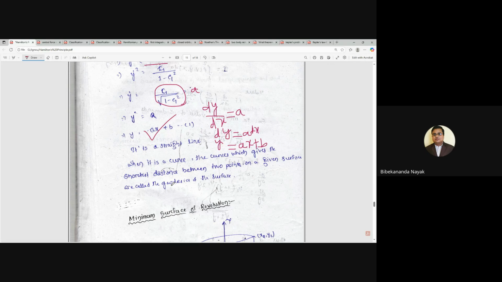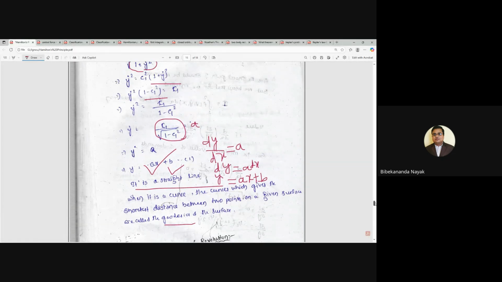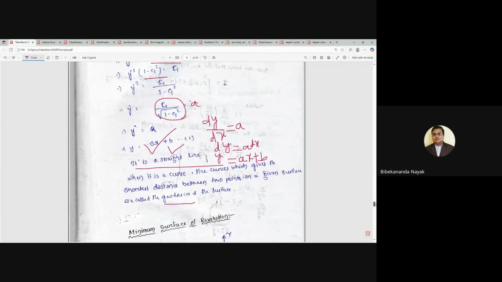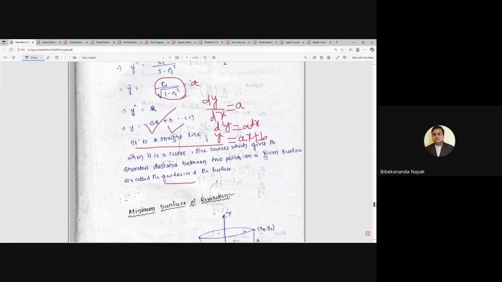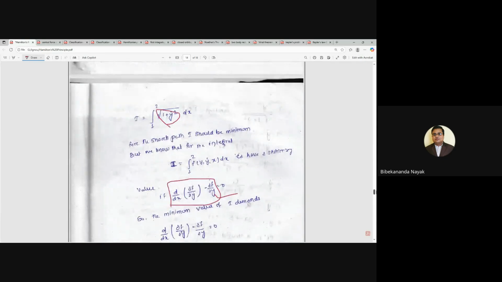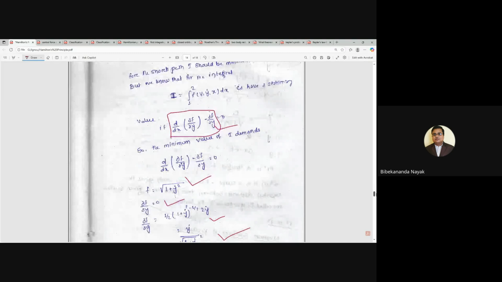So the shortest distance between 2 points is a straight line. But if we take a curved surface, then it is known as geodesics, which we generally use in general relativity, because for space-time curvature we use this term geodesics. But in a plane, the shortest distance between 2 points is a straight line.